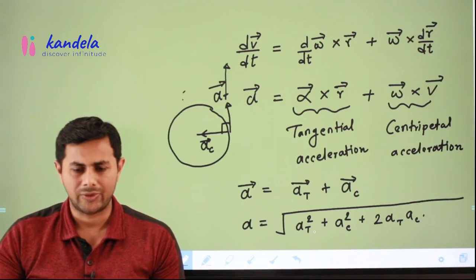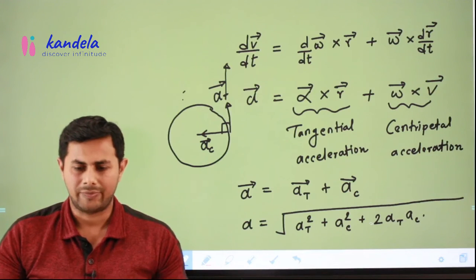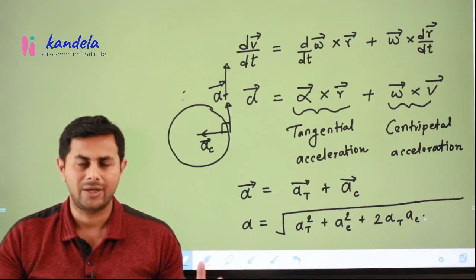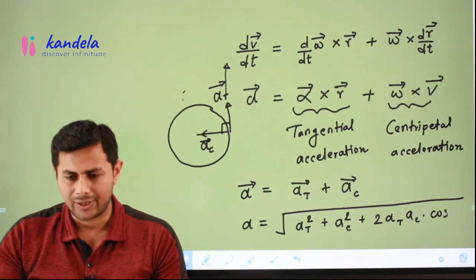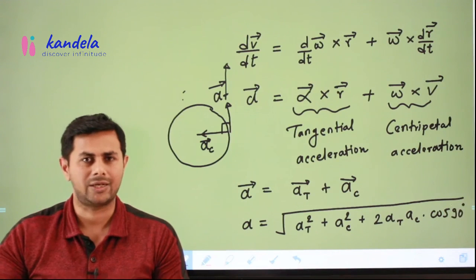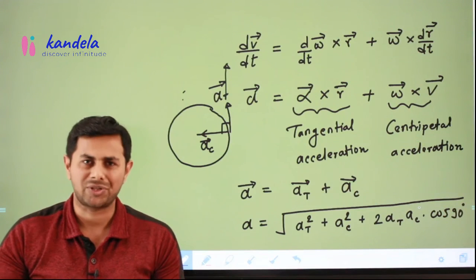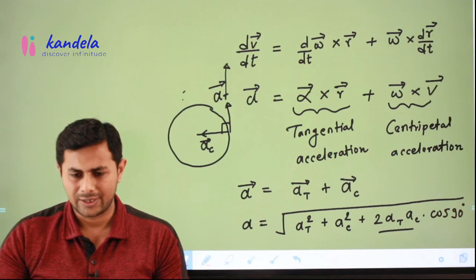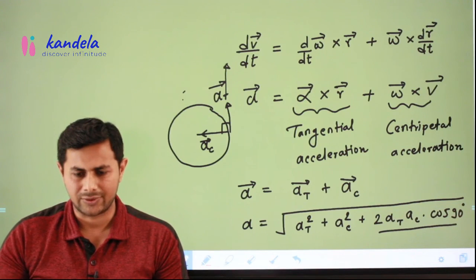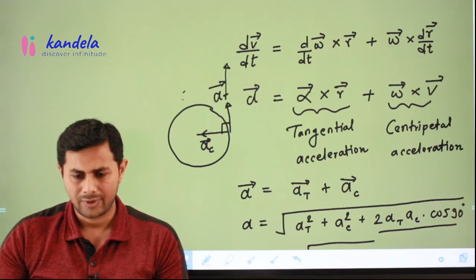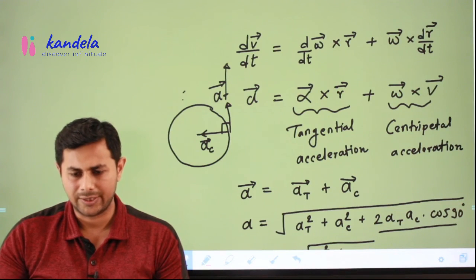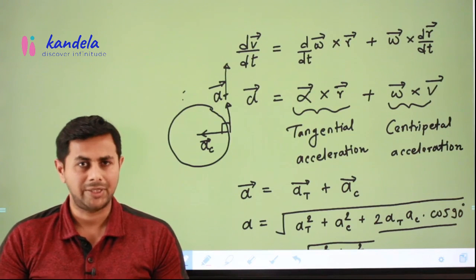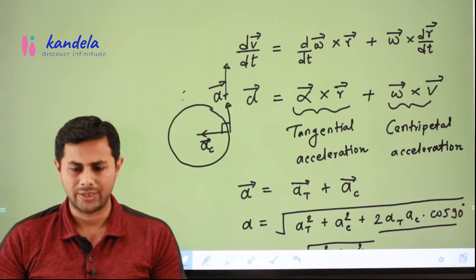And how much is the angle between these two? It's 90. And what is cos of 90? It's 0. So that means we can get rid of this, and we get A equals square root of AT square plus AC square. So this is the magnitude of total acceleration in circular motion.